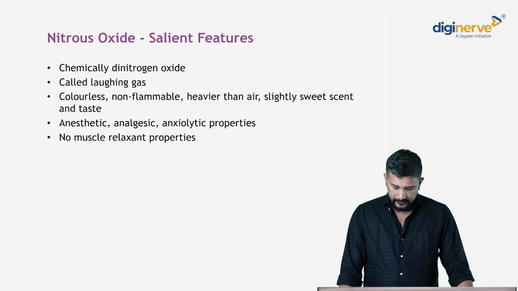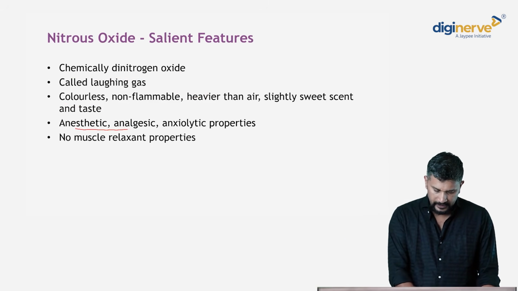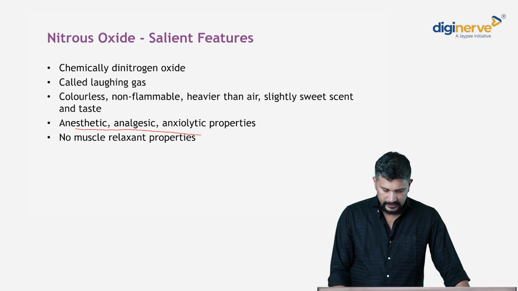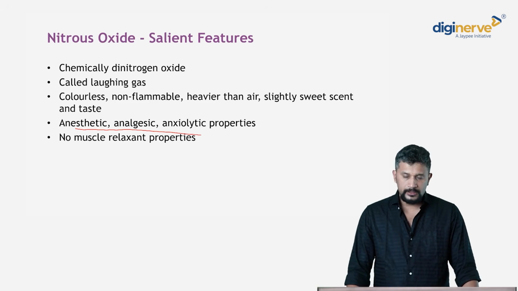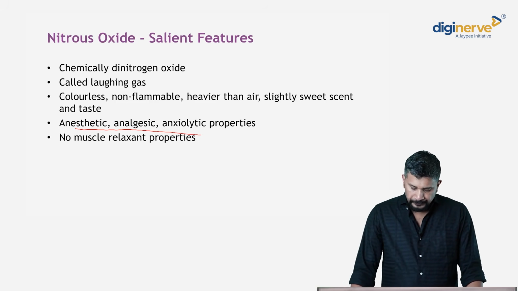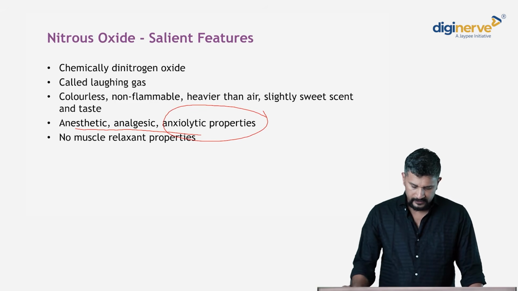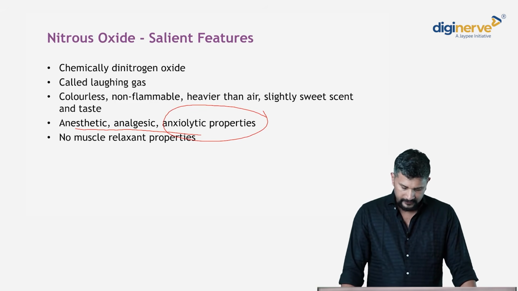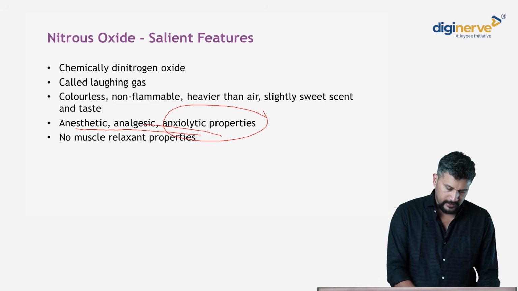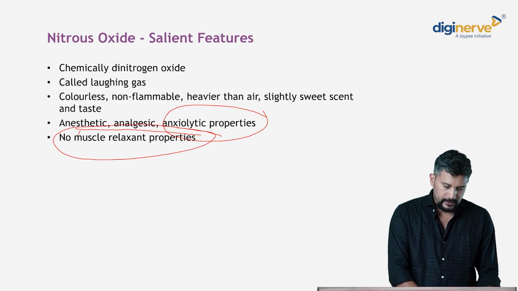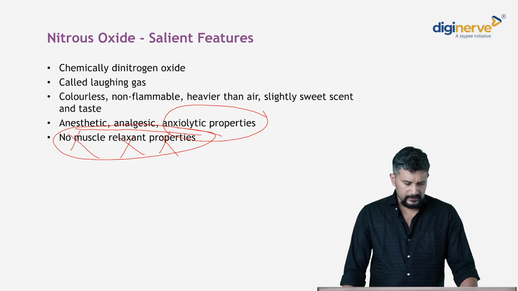It has anesthetic properties because of NMDA receptor antagonism, and analgesic properties because of endogenous opioids acting on the opioid receptors. The anxiolytic properties result from its GABA A activation. Unlike other volatile agents, however, nitrous oxide does not have any muscle relaxant properties.